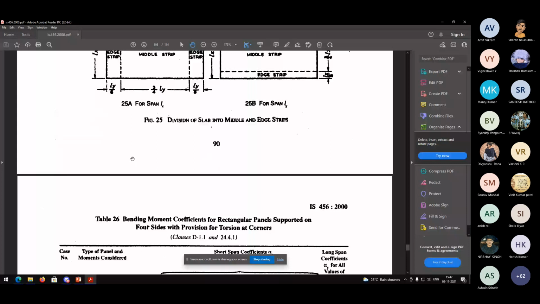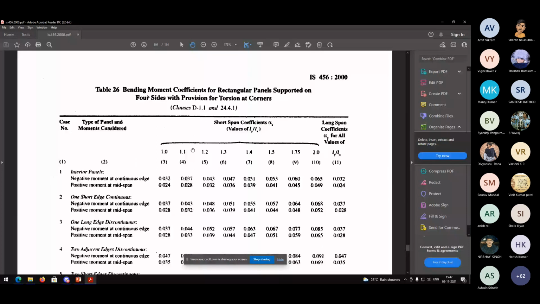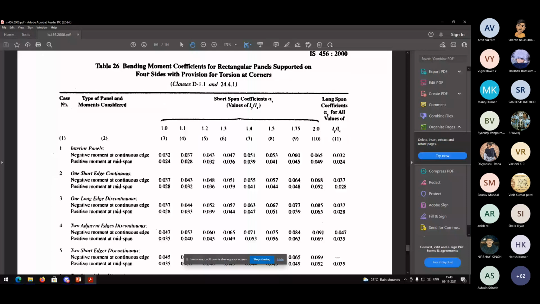So you have here the type of panel and the moments considered, the short span moment coefficients alpha x, and the long span moment coefficients alpha y. One thing you'll notice, this alpha x depends on the aspect ratio. I have coefficients right from 1 to 2. Why is the range only from 1 to 2?